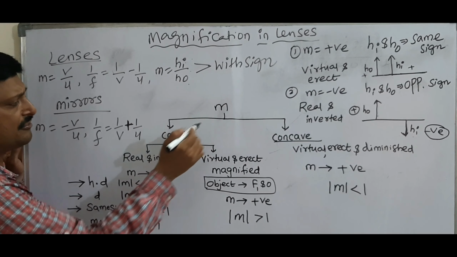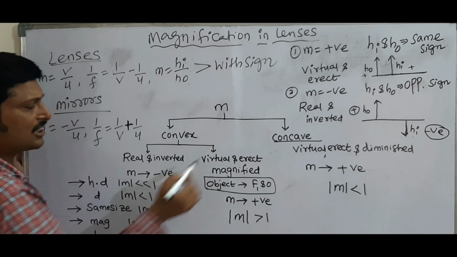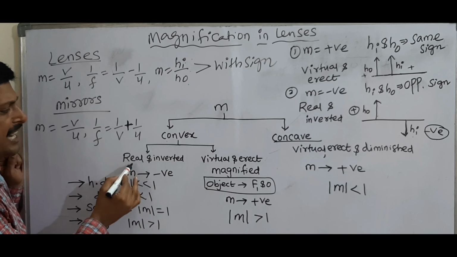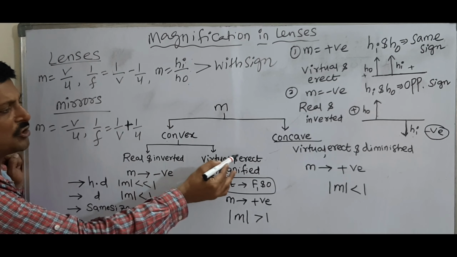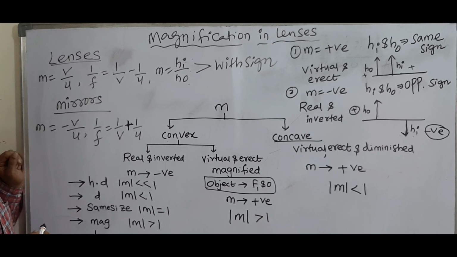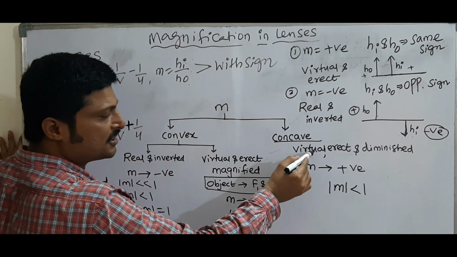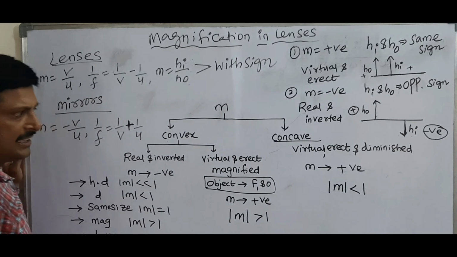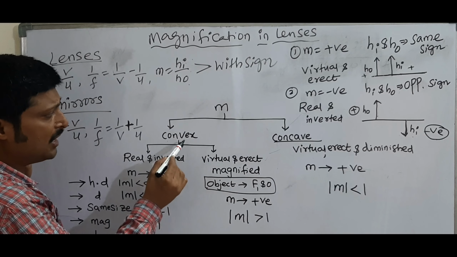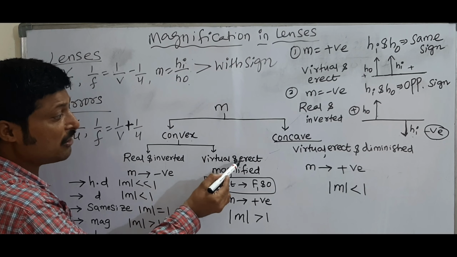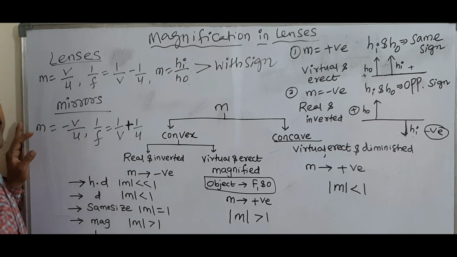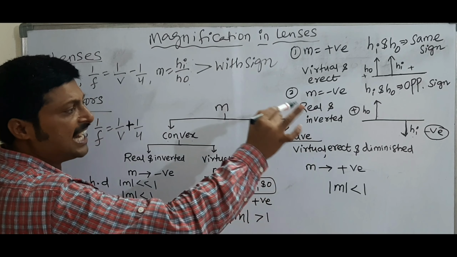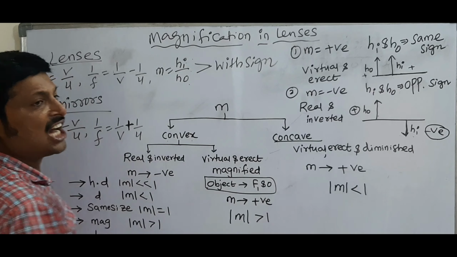So magnification for convex lens and concave lens. We know very well a convex lens forms real inverted image as well as virtual and erect image. A concave lens forms virtual erect image in all cases. See here, in a convex lens, a virtual, erect and magnified image is formed. That is important. In a concave lens, a virtual, erect and diminished image is formed in all cases.